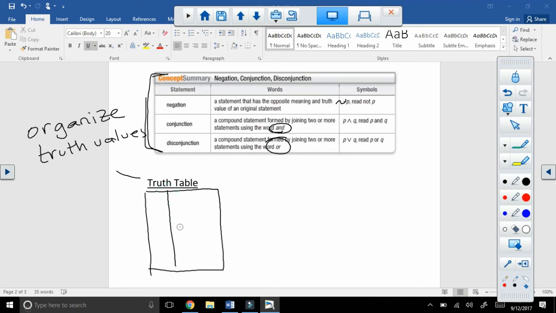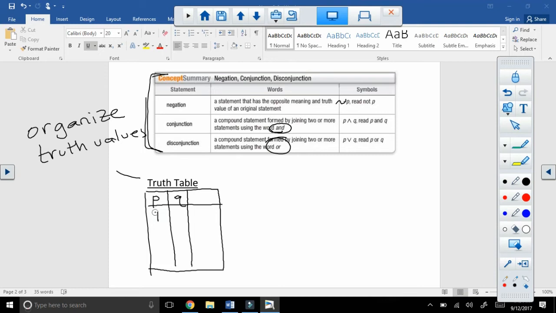So let's say I have two statements, and I'll call them P and Q. But this could be Q and R, it could be A and B. They'll use the letters P, Q, and R quite a bit. But these really could be anything. These are just kind of like a variable standing for some different statement. There's only a few possible values that these could have.